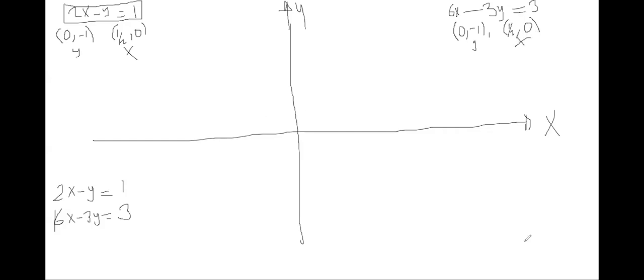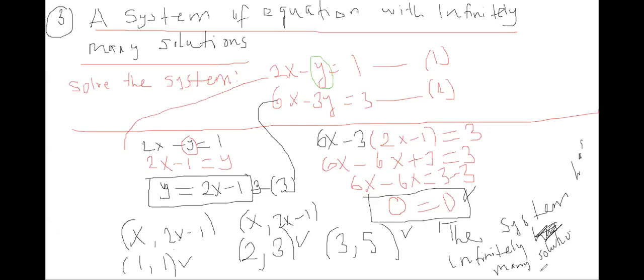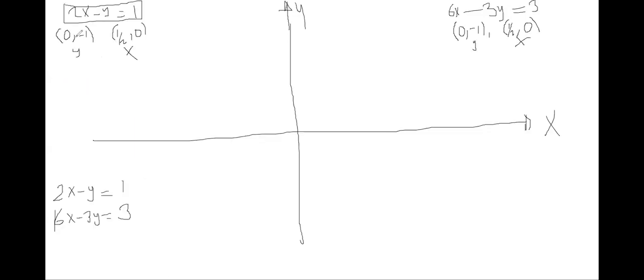Remember, in this situation we are looking at infinitely many solutions. If you check here, the y-intercept for this equation and the y-intercept for this equation are the same. And the x-intercept here and the x-intercept here are also the same. So what is this telling you?